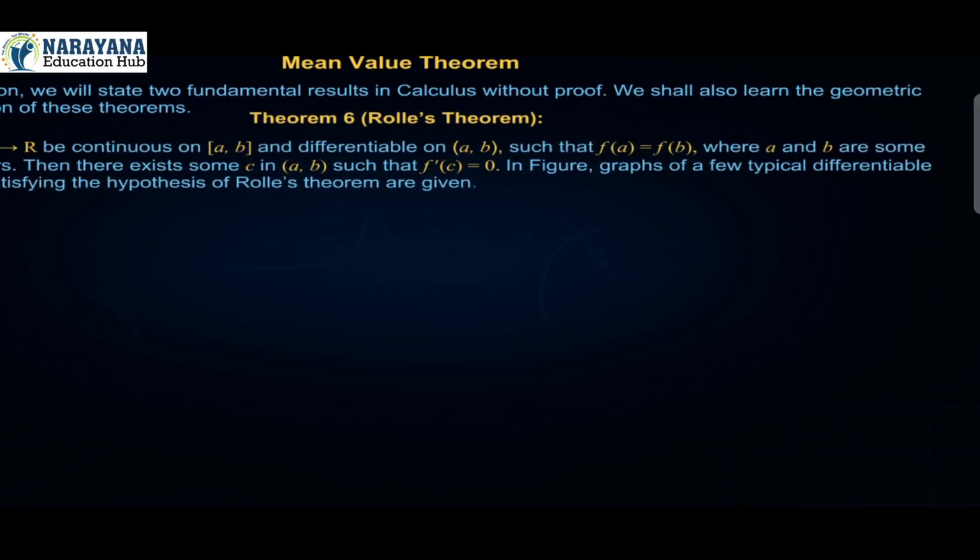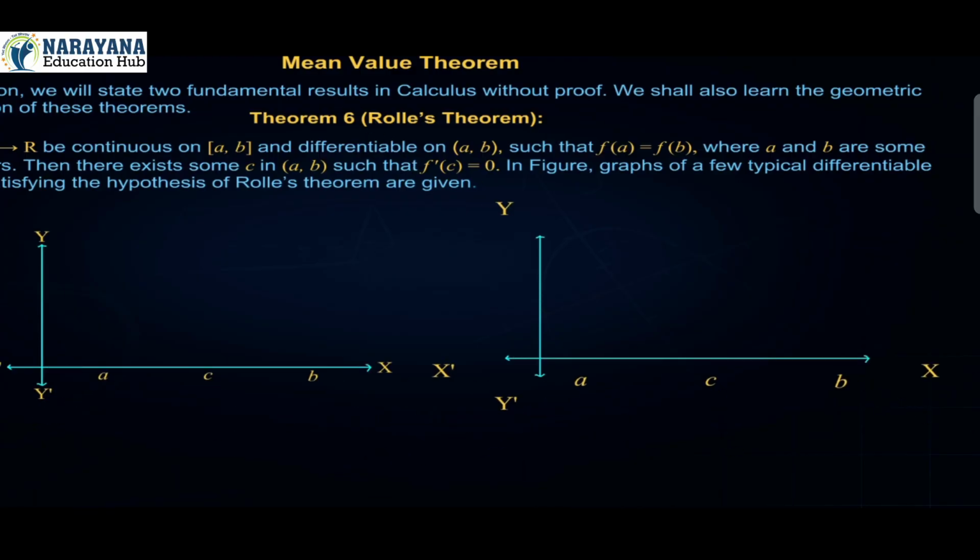Let f from closed interval a, b to R be continuous on closed interval a, b and differentiable on open interval a, b such that f of a is equal to f of b, where a and b are some real numbers. Then there exists some c in open interval a, b such that f dash of c is equal to 0.